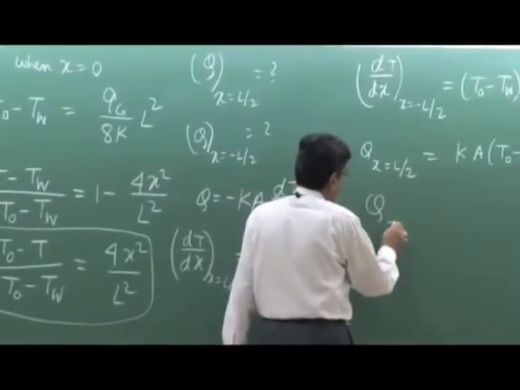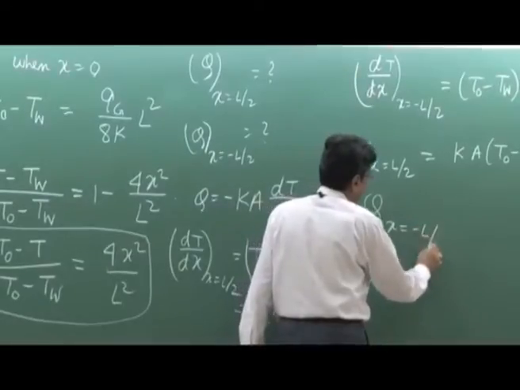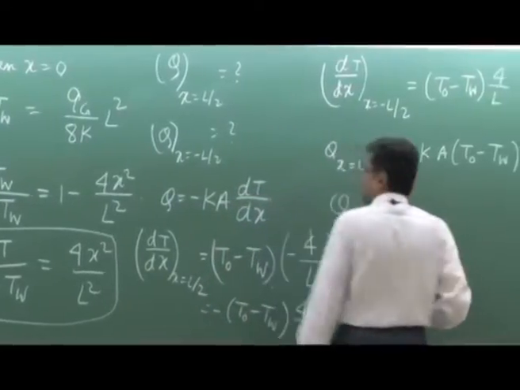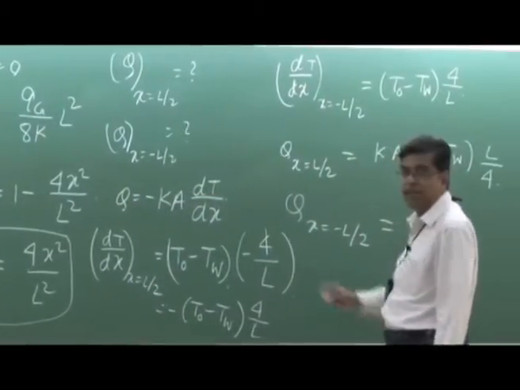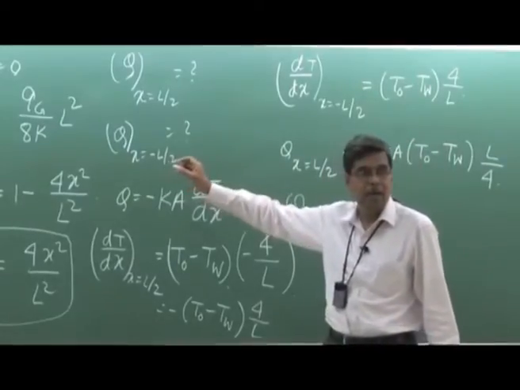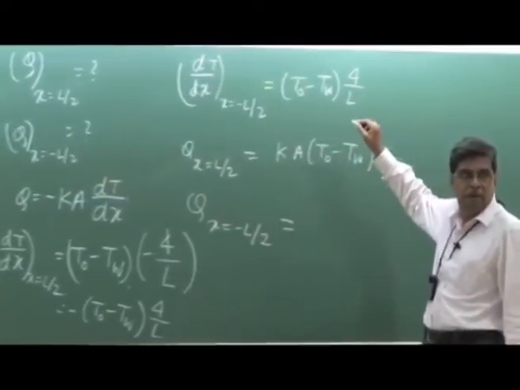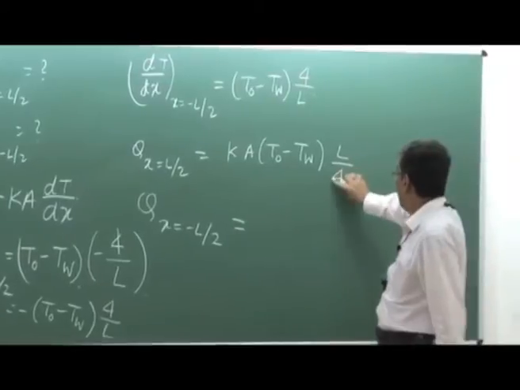And Q at x is equal to minus L by 2 is, is there any mistake? Oh, sorry.